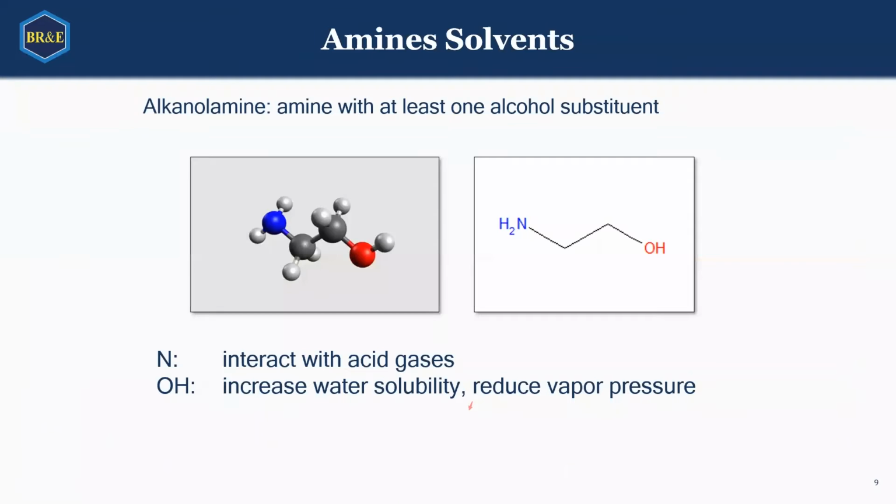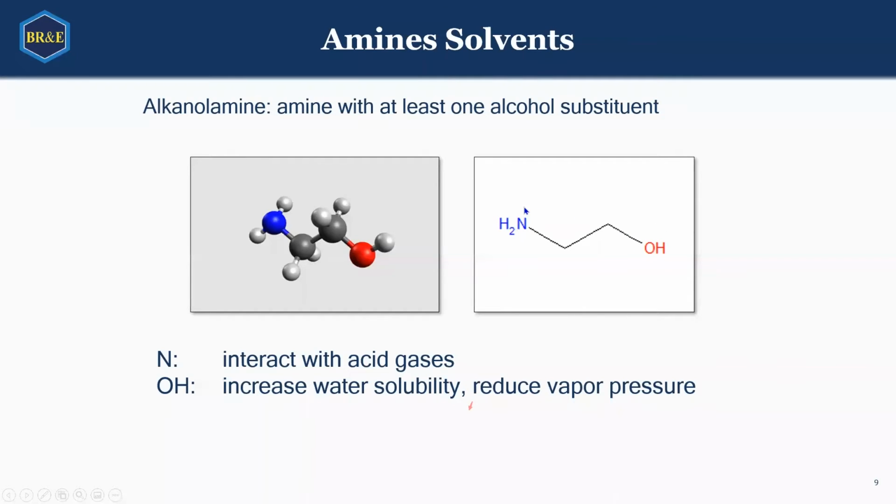Now, what are the amines? What I'm talking about is actually alkanolamine. So it's an amine with at least one alcohol substituent. I guess you had some chemistry, so you know what these structures look like. What I want to emphasize here is that the molecule basically has 2 substituents: one of them is the amine, and the second is the OH, the alcohol substituent.